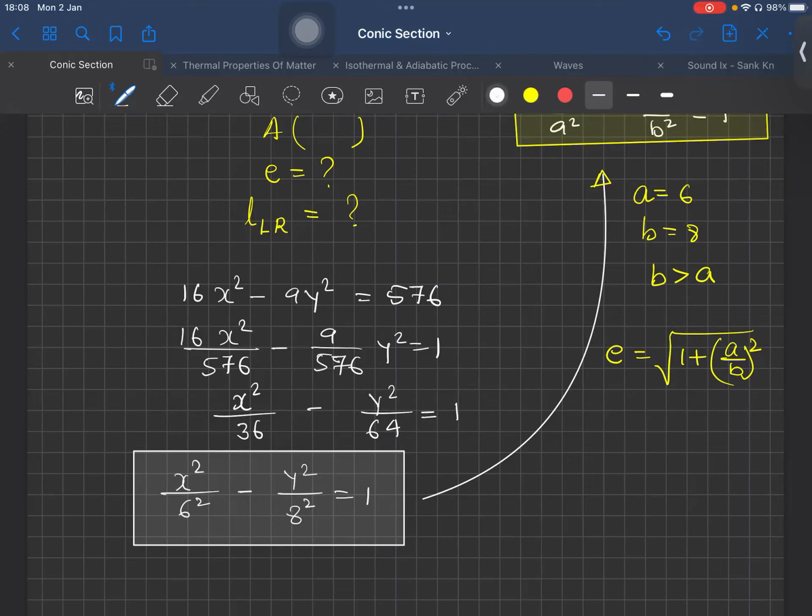Are you sure b by a? You are saying e is equal to square root of 1 plus b by a whole square.